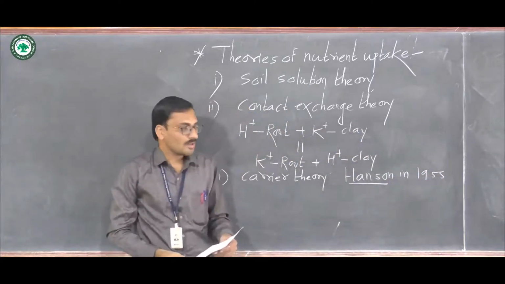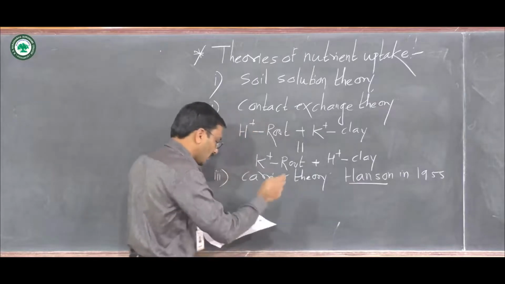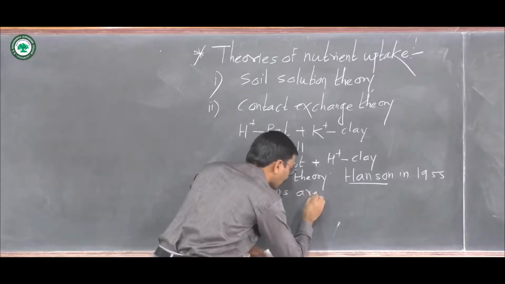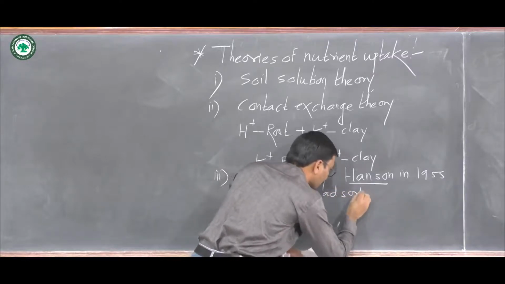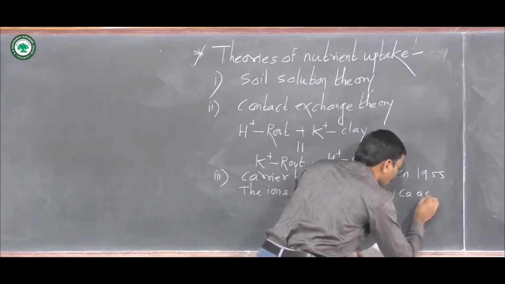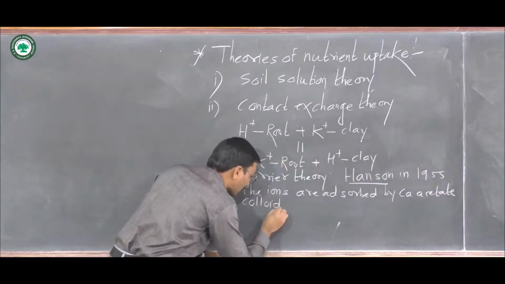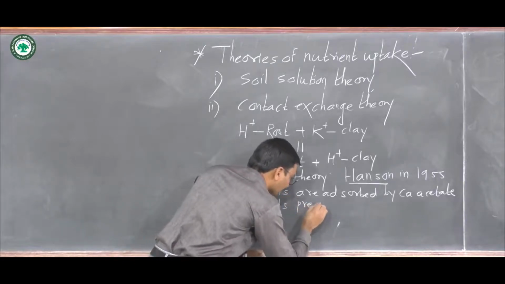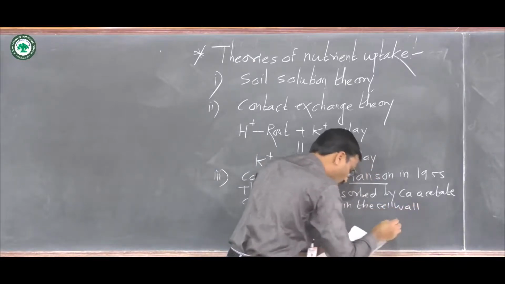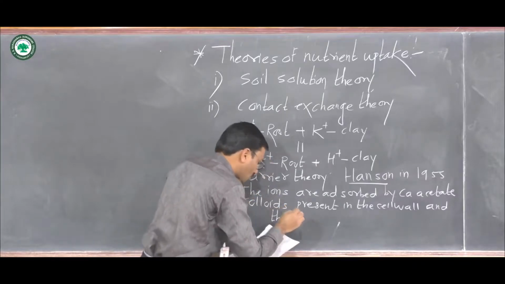According to this theory, the ions are adsorbed by colloids present in the cell wall, and then adsorbed by the cytoplasm.